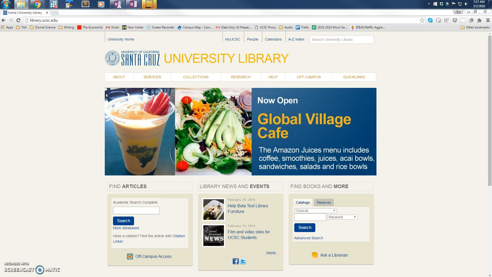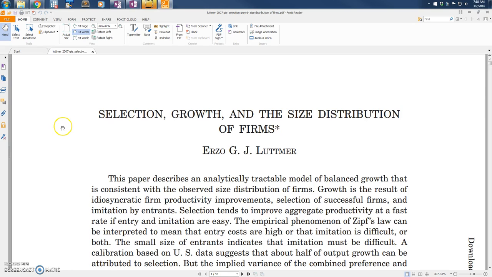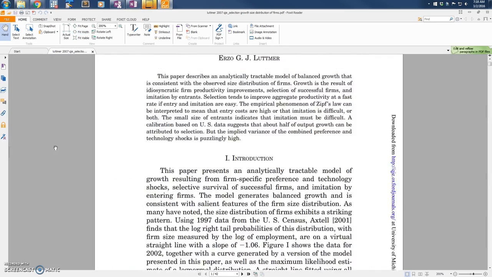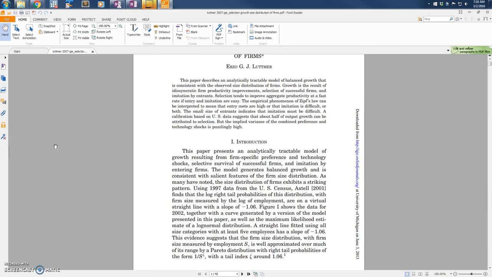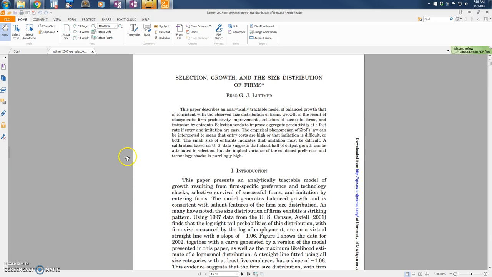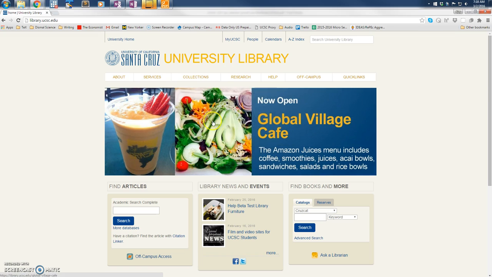So suppose that we have this paper here, Selection, Growth, and the Size Distribution of Firms by Luttmer. This was published in 2007 in the Quarterly Journal of Economics. And so we have this paper, and now we want to know first what papers it cites and what papers cite this paper itself, because those are usually good places to look for other literature that's related, so other papers on this topic.